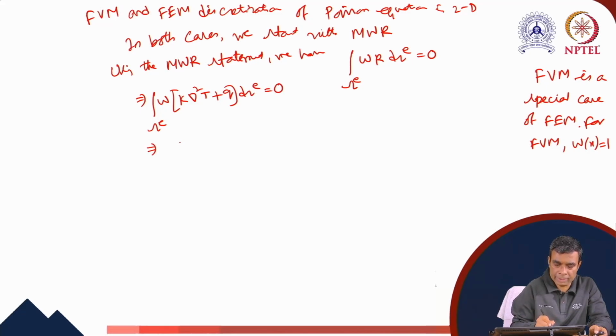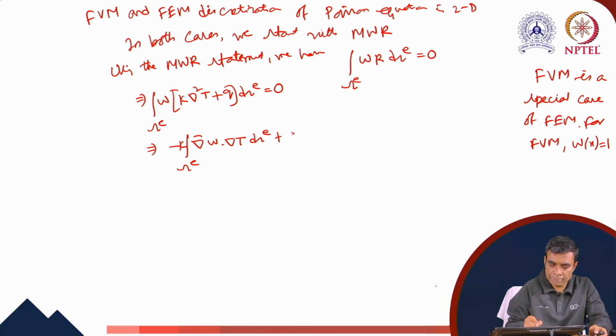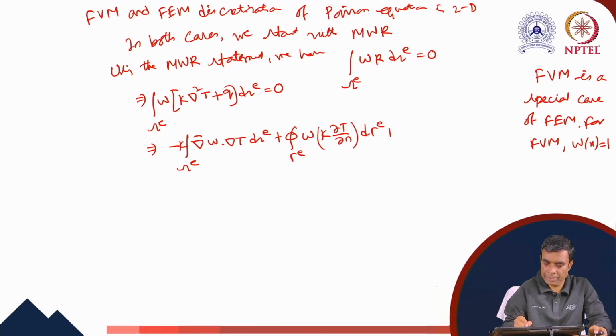We know that this gives us minus integration over omega e gradient of w dot gradient of temperature, where thermal conductivity is there, d omega e, plus we have the flux term, integration over gamma e w into k del t del n. This is the secondary variable term d gamma e plus integration over omega e wq d omega e equals to 0.